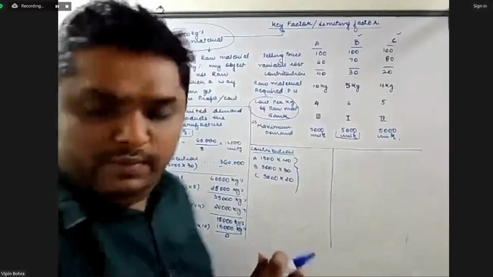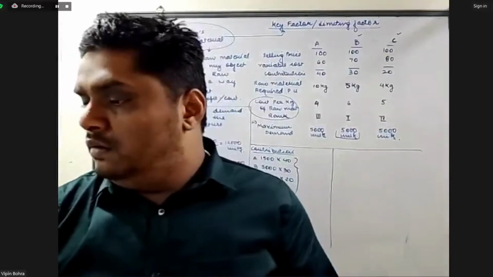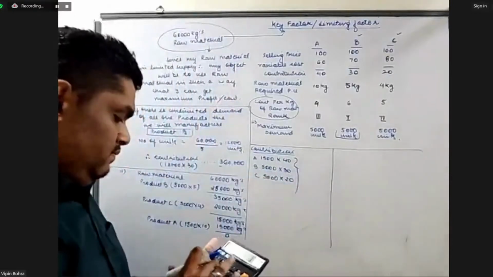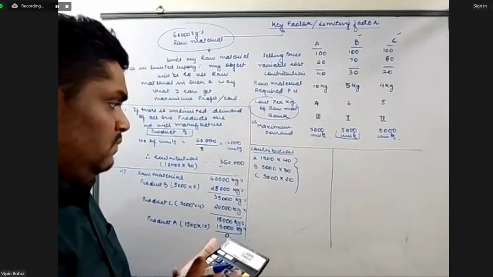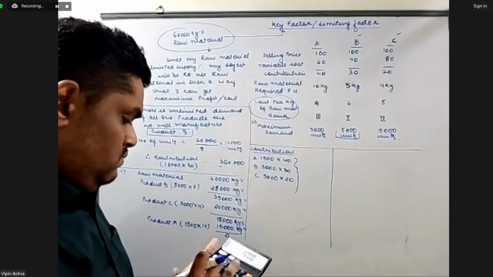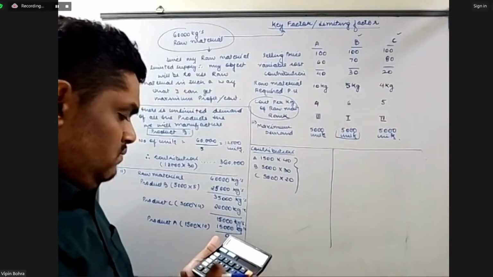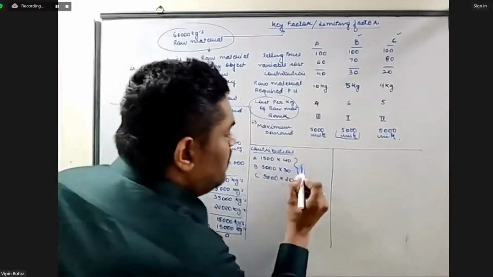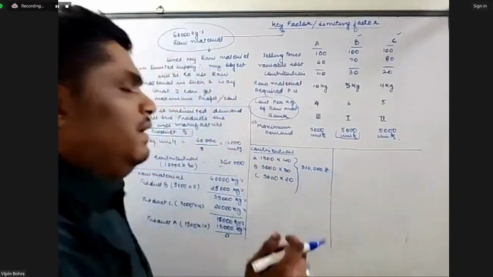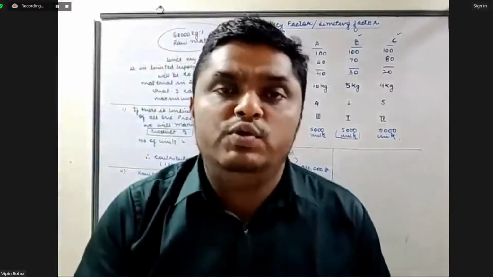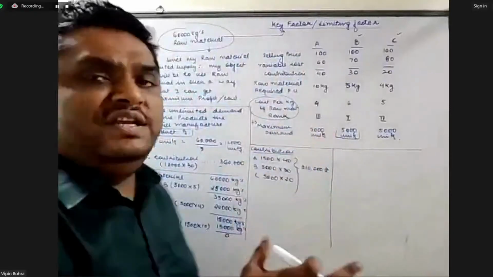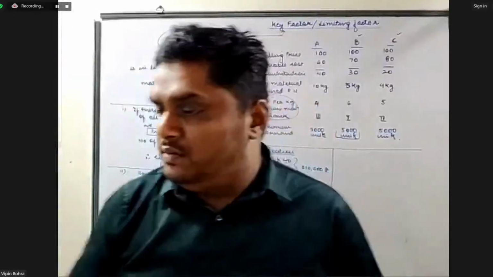So my total contribution will be. Very good, Hardik. This is the maximum contribution we can get from the available resources and as per the limitations that are given in the question.